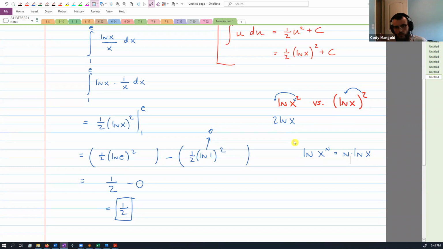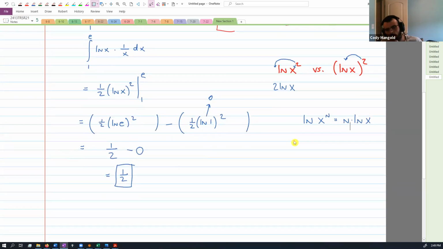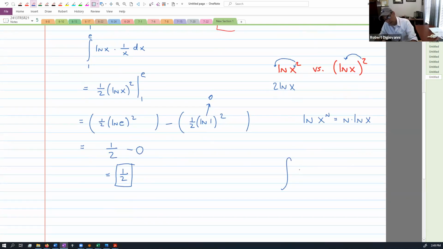Just so I'm seeing it right, if we did the antiderivative of ln x, all that squared, then it would be 1 over 3 ln x to the third times the inside? No, it wouldn't work out that way. You're saying if we wanted the antiderivative, that would not be equal to 1/3 natural log of x to the third plus c.